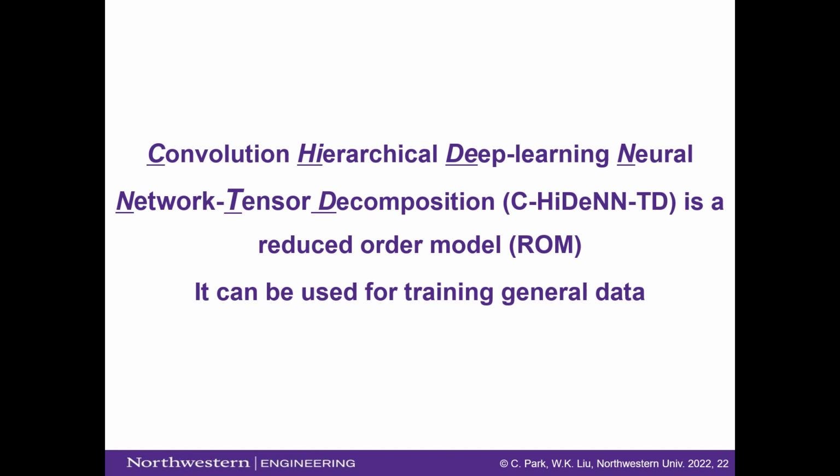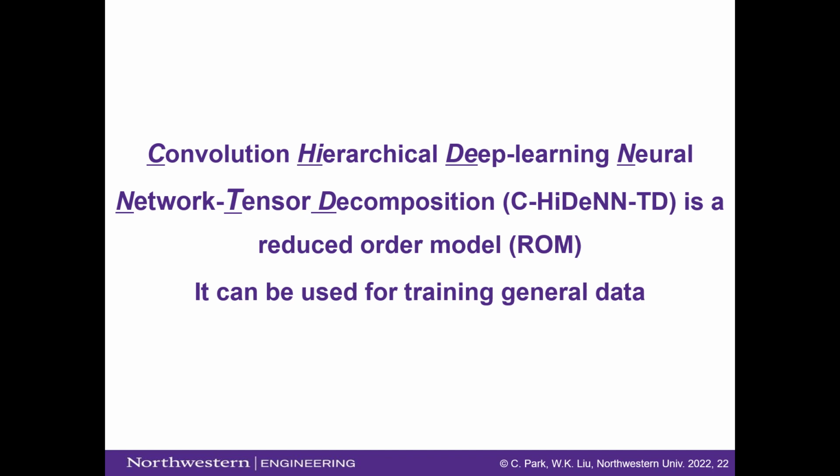My next topic is on the convolution HiDeNN tensor decomposition. Here, the tensor decomposition is a projection-based reduced order model. That means for a multi-dimensional problem, we want to decompose the n-dimensional problem into multiple one-dimensional problems.